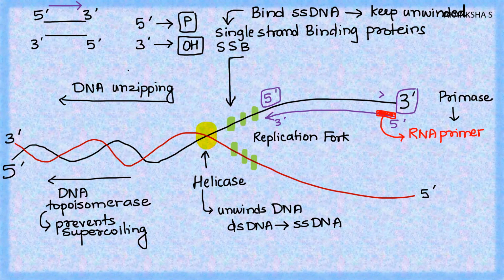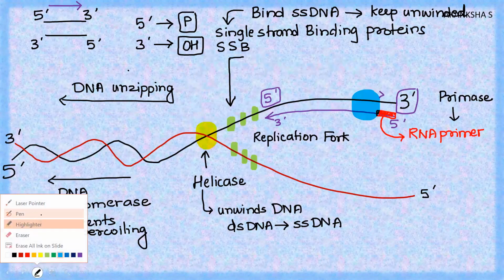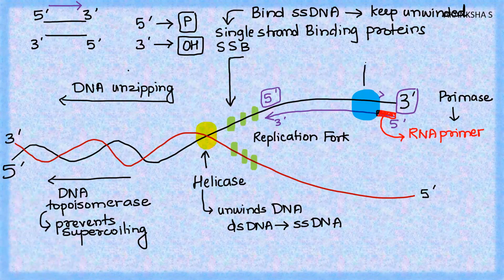Once the RNA primer is attached, this signals another enzyme, a very important protein, called DNA polymerase. The name itself gives you a lot of hint, right? DNA polymerase: DNA meaning dependent on the DNA strand, polymerase meaning an enzyme that can add nucleotides.